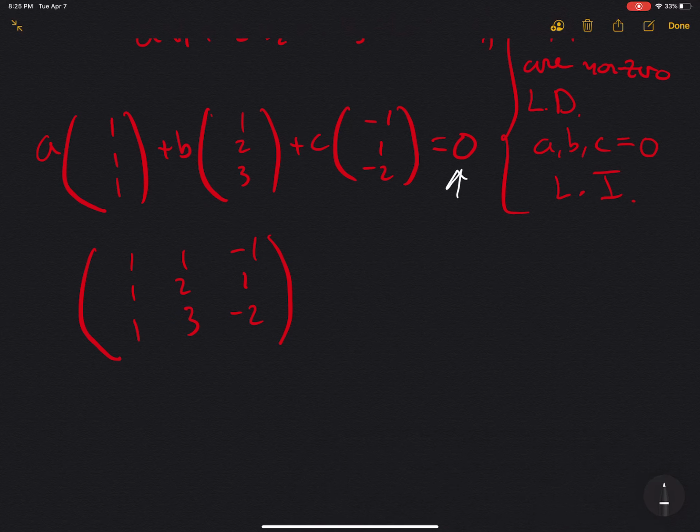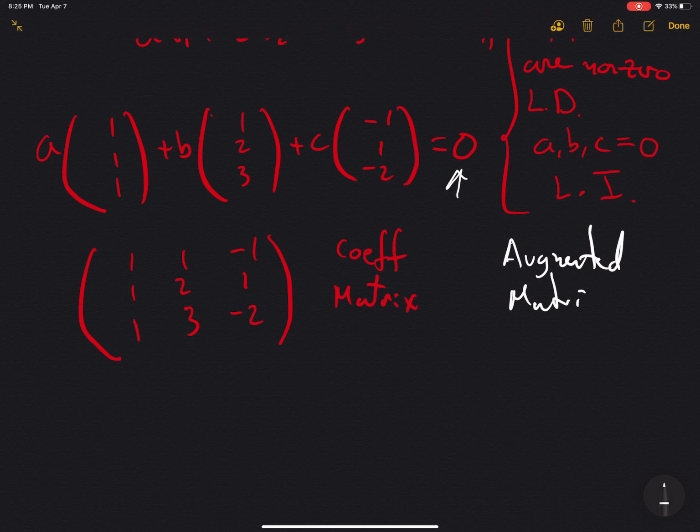I could write down the augmented matrix, but I'm just going to focus on the coefficient matrix, since I already know that the last column of the augmented matrix is going to be 0. And the reason for this is because we're talking about a homogeneous system.